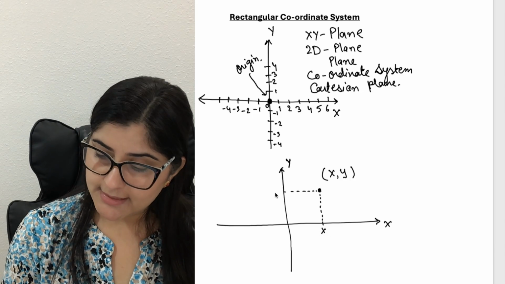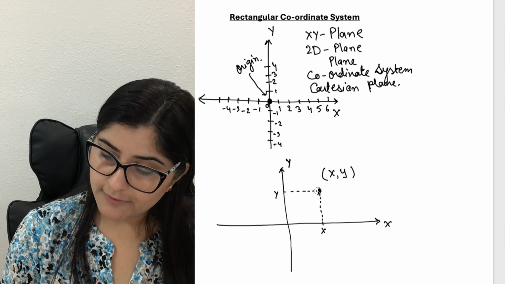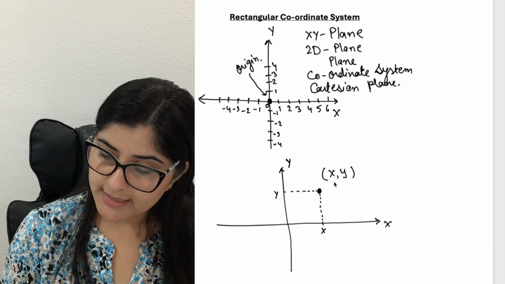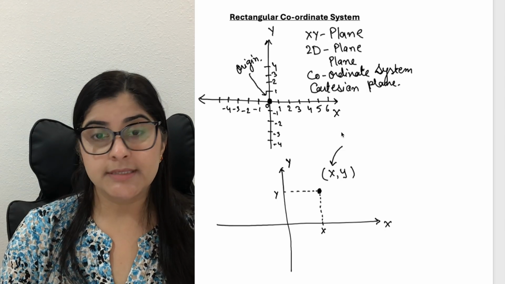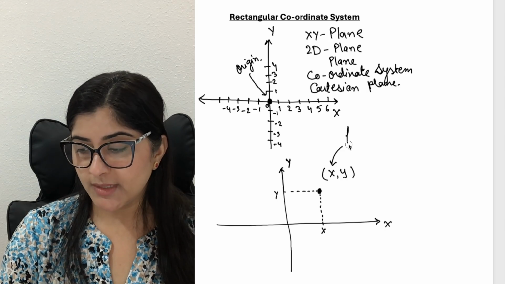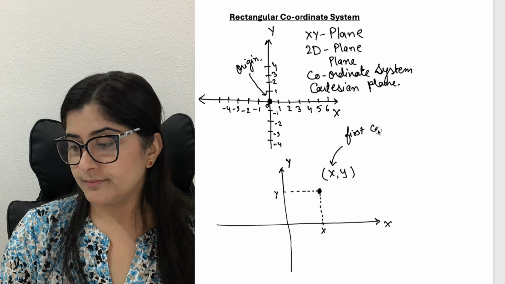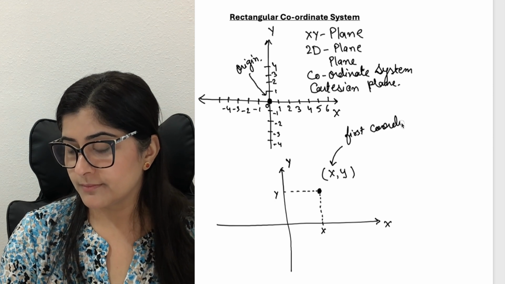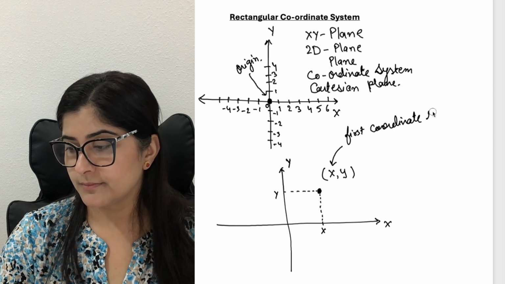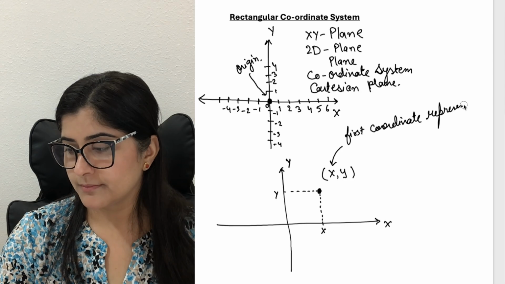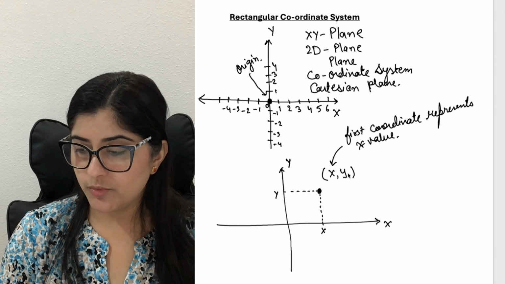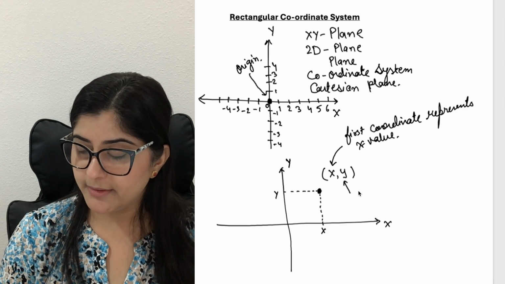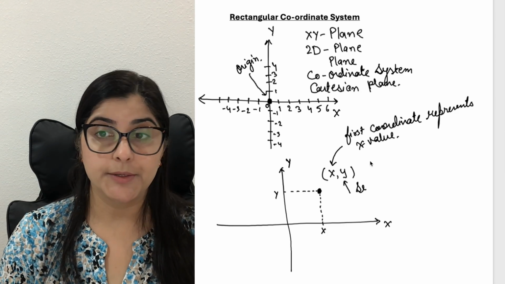If this is x, this is y, then the position of this point is noted as x comma y. Make sure the first coordinate represents the x value corresponding to this point, and the second coordinate represents the y value corresponding to this point.